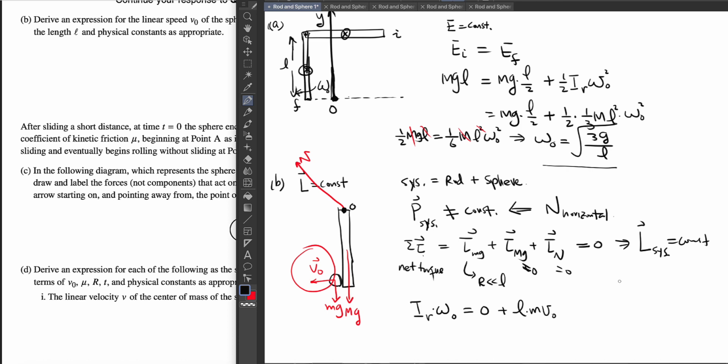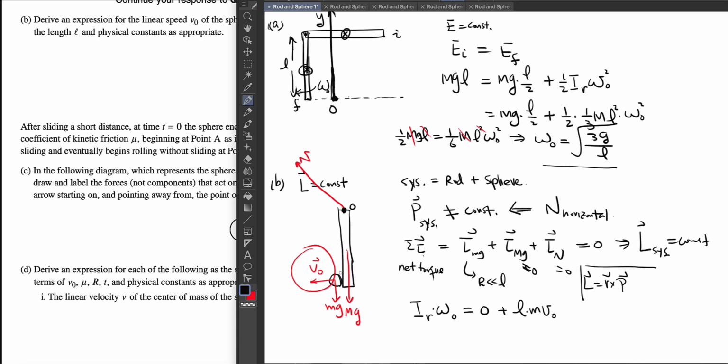Remember for a particle, the angular momentum is defined as R cross P. The R represents the position vector pointing from O to the point particle, the small sphere here, and P is m v0.